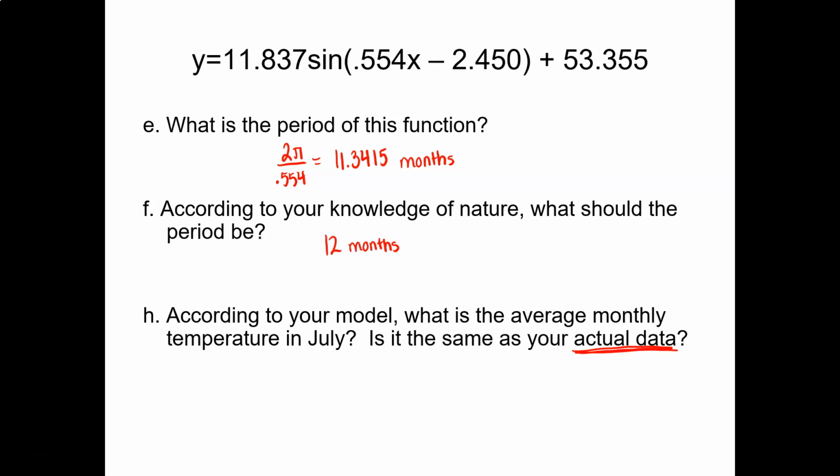If we need to predict at any point, what does our X stand for here? We're just plugging in, because this is our number of months, and July is the 7th month.